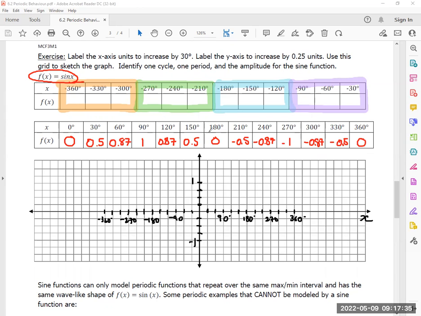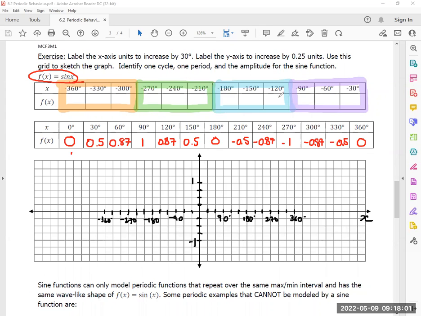Analyze your data. 0, it goes up by these two funky numbers and then a 1. And then it comes down with the same numbers and then 0. And then it goes even lower in the negatives, but it's still the same absolute value. And then a negative 1, and it comes back to a 0.